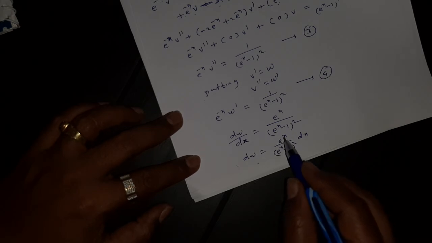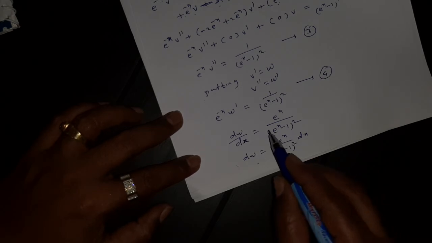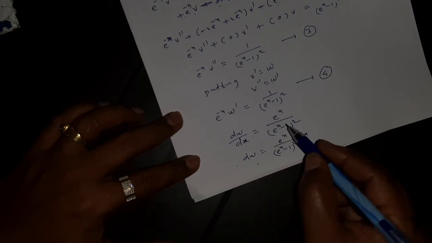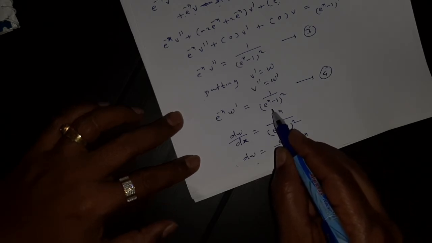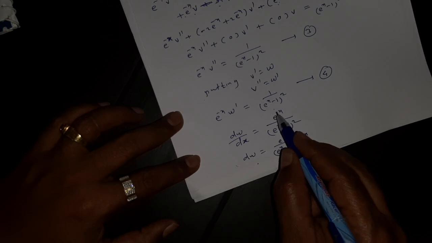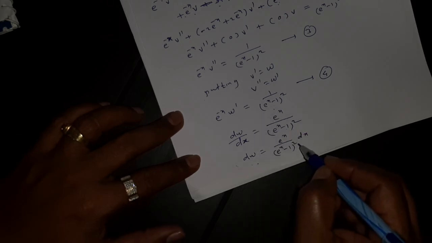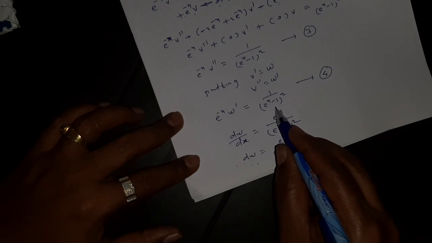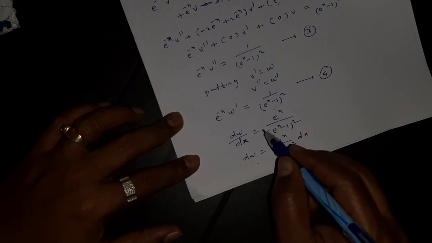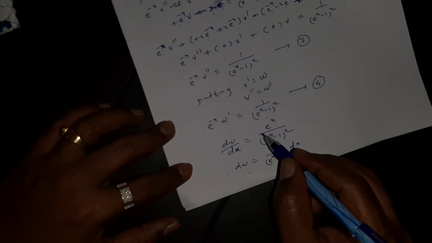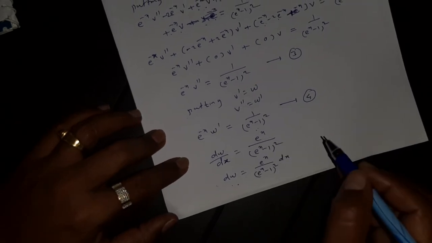That's why we say this is the variable separable form. If it is not possible to separate the variables, then this differential equation is soluble by using the linear differential equation type.